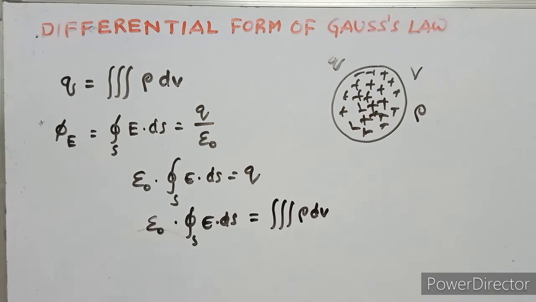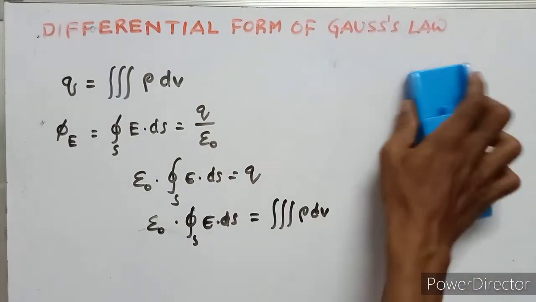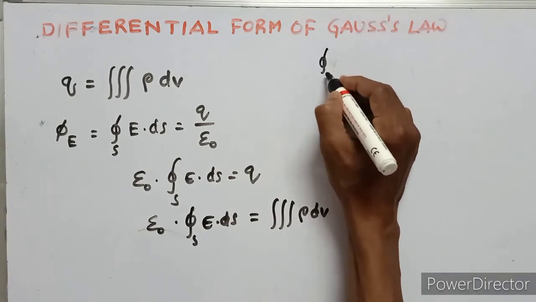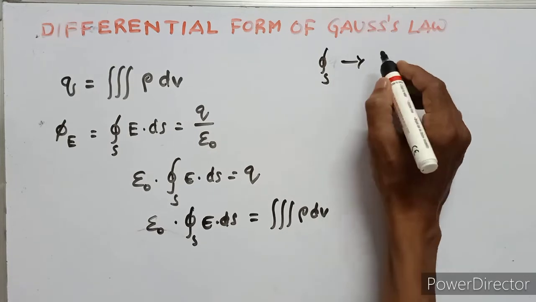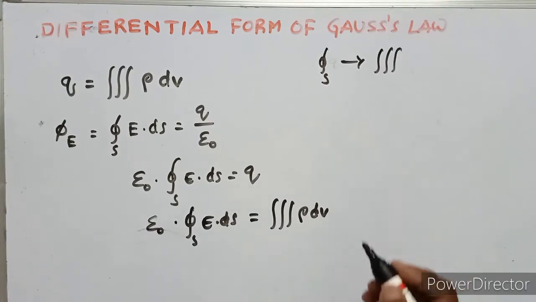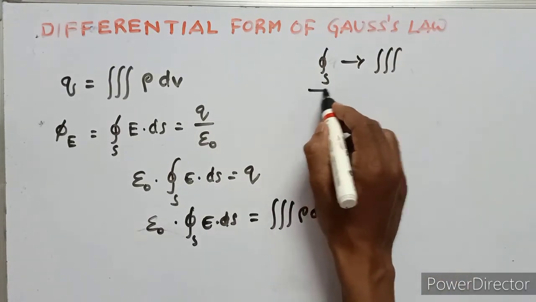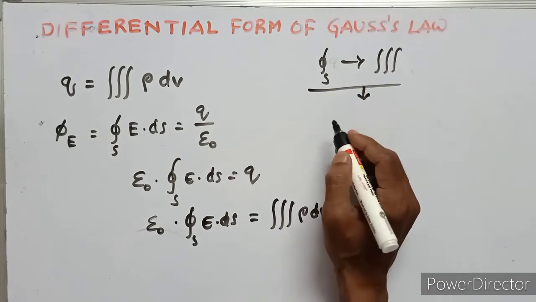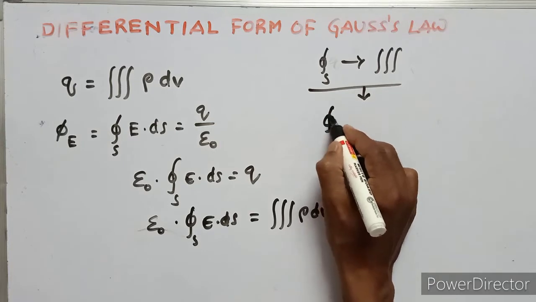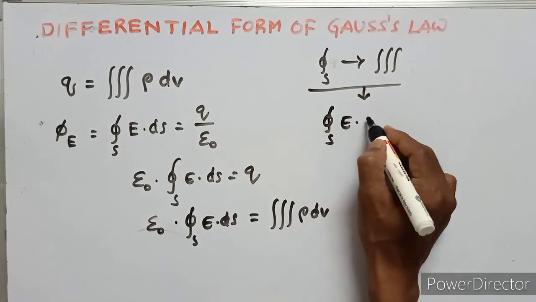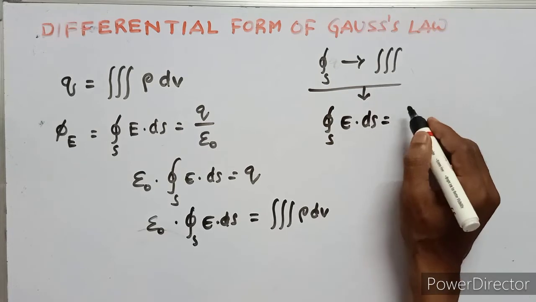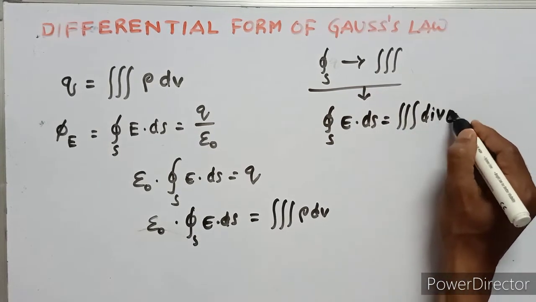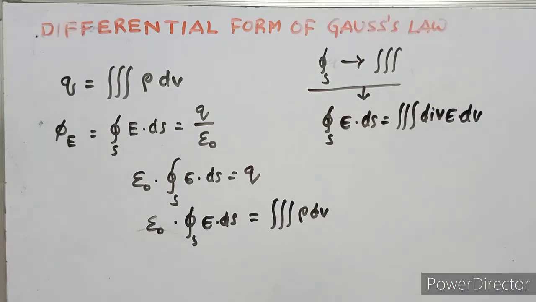We know the Gauss divergence theorem: the closed surface integral is converted into volume integral. Then from this conversion, the Gauss divergence theorem is closed surface integral E dot ds is equals to volume integral of div E into dV.